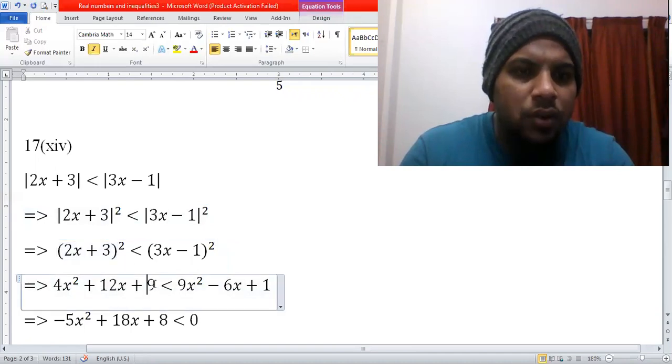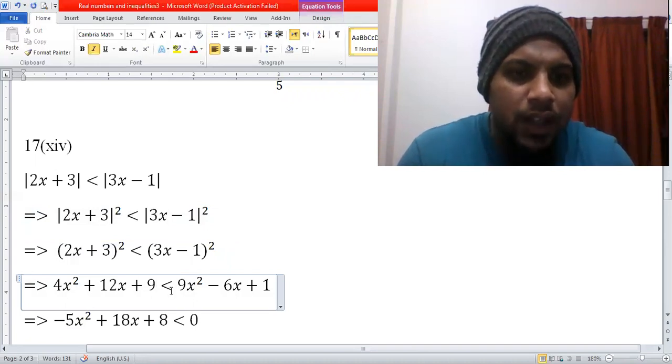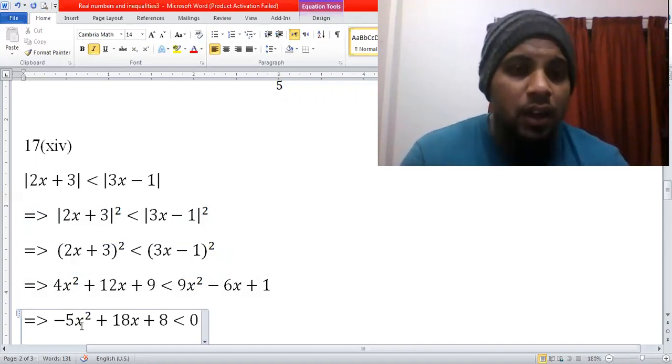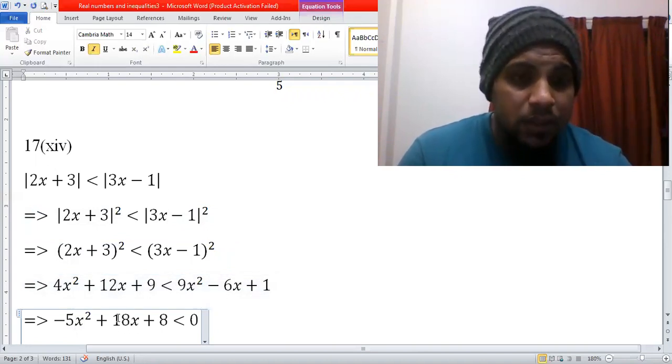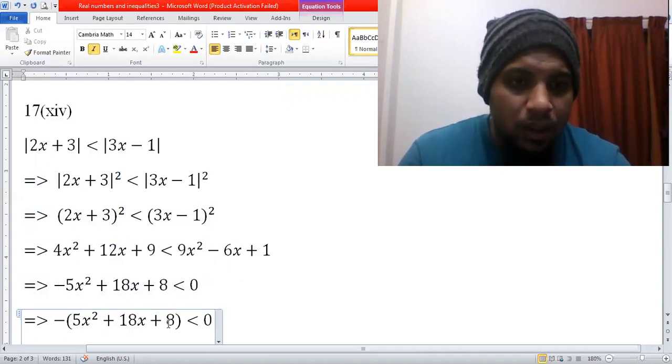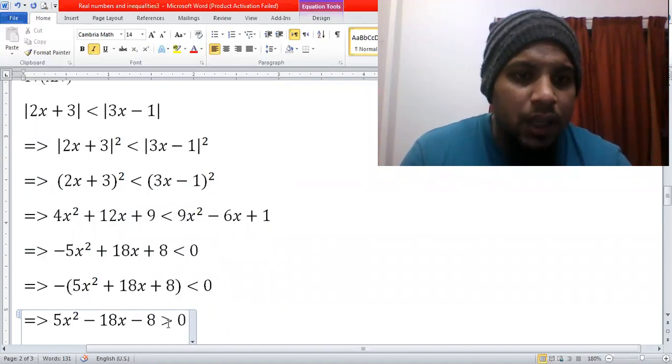We utilize the formula of a plus b whole squared and a minus b whole squared, and we make the calculation. 4x squared minus 9x squared is minus 5x squared. 12x plus 6x will be 18x, and it is 8. Okay, we take minus 5 as common, and if we multiply both sides by minus 1, the sign will be changed.